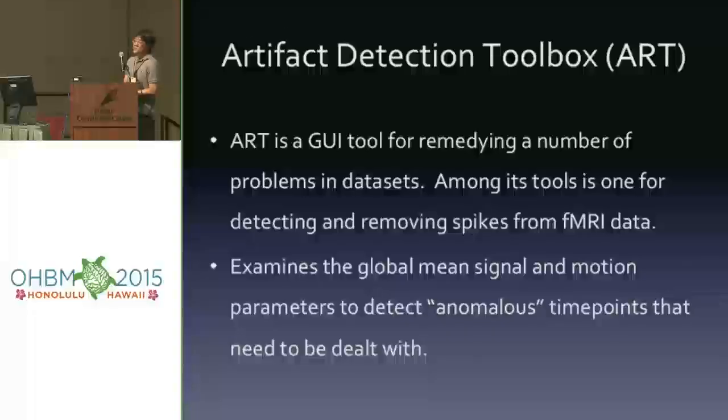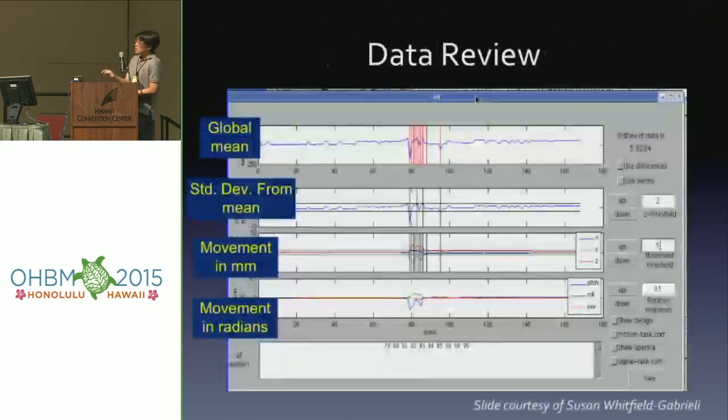Okay, so here I'm giving you several examples of using ART on your data. ART is a MATLAB-based GUI tool, basically for quality control of your BOLD signal. It does many things, but it does spike recognition and removal very well. Here is one example of using ART on resting state data.